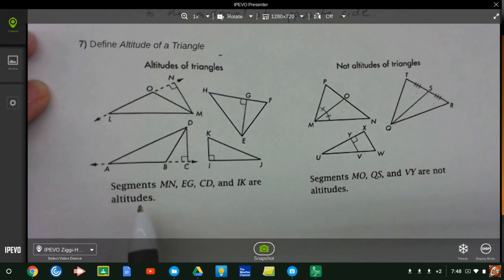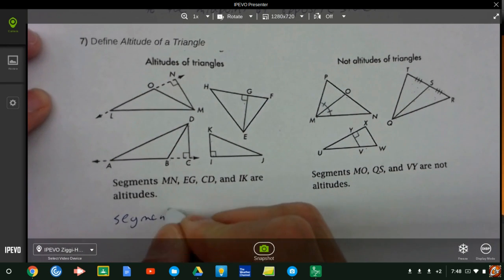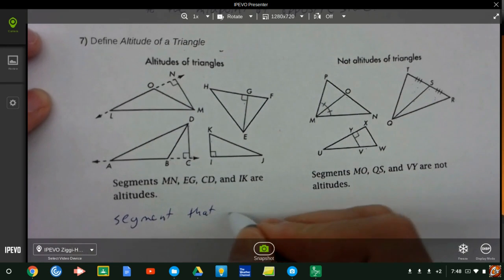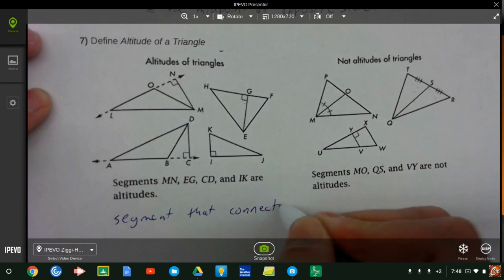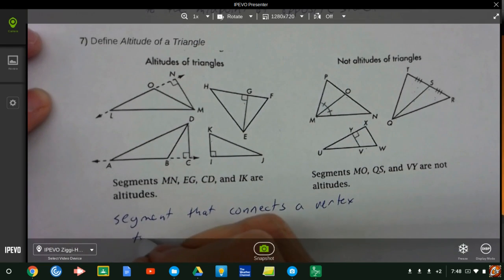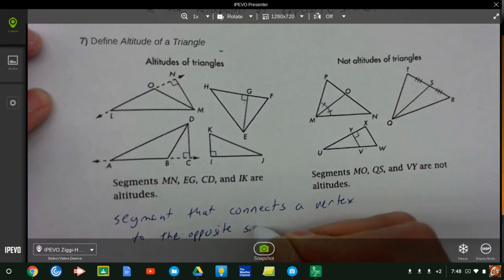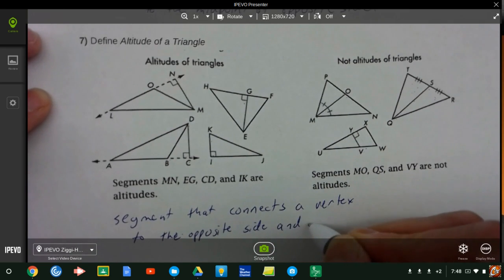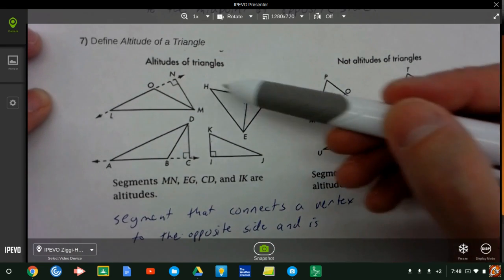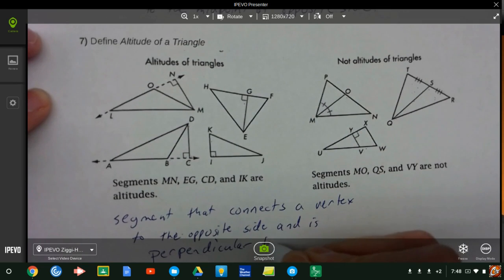So an altitude is a segment that connects a vertex to the opposite side and is, here's the key, right angles, perpendicular to the side.